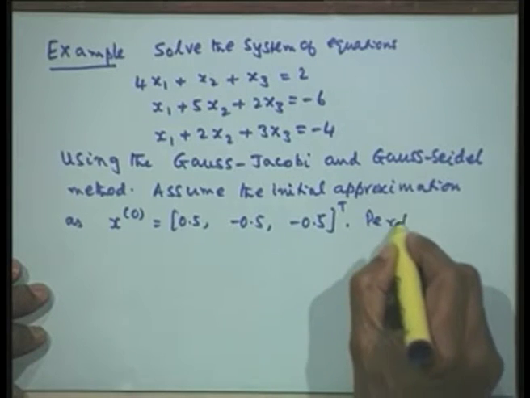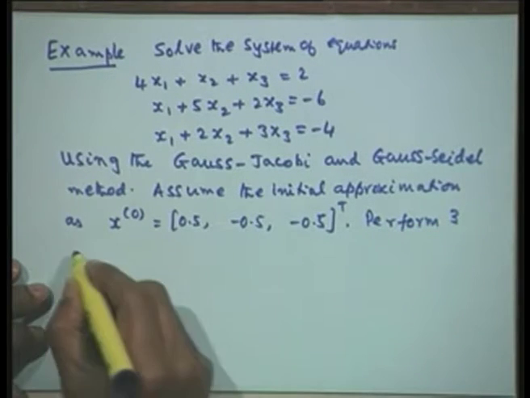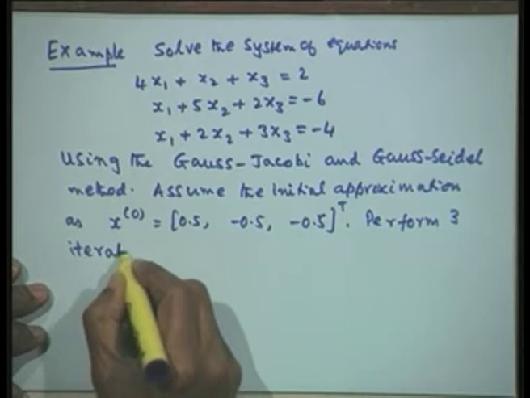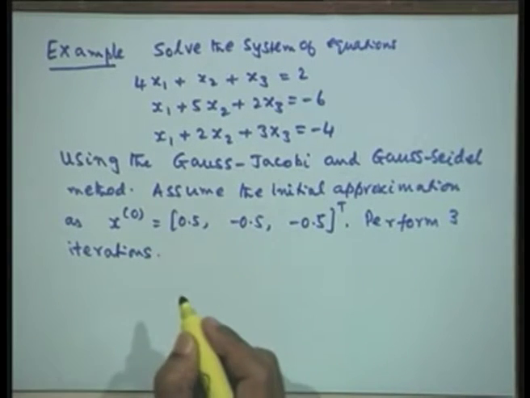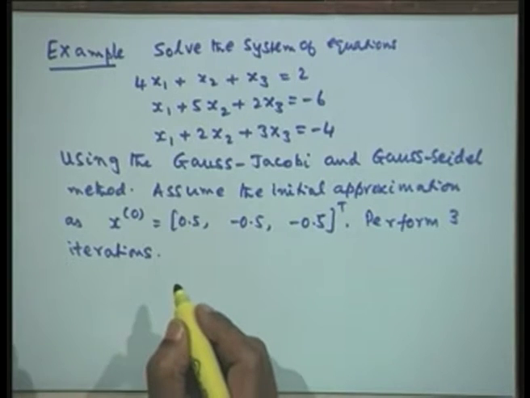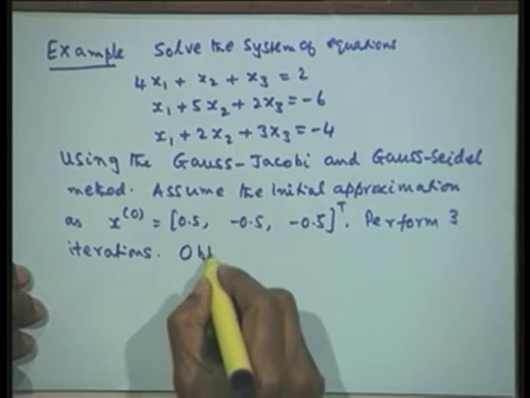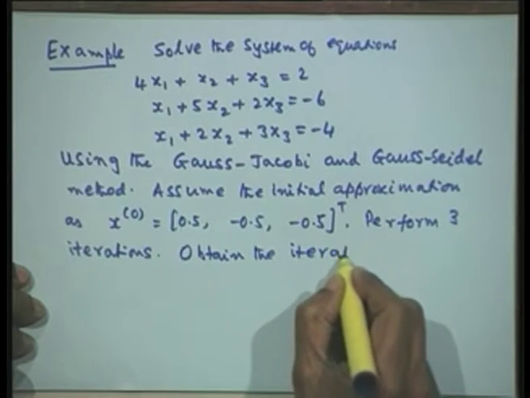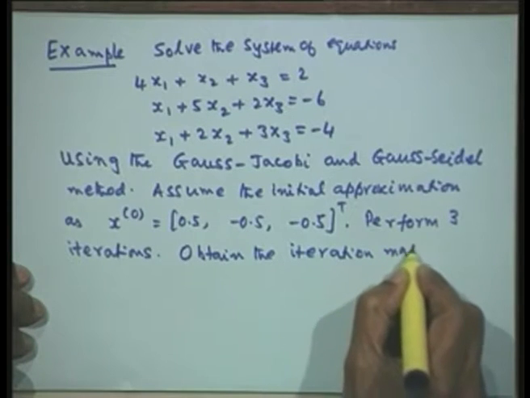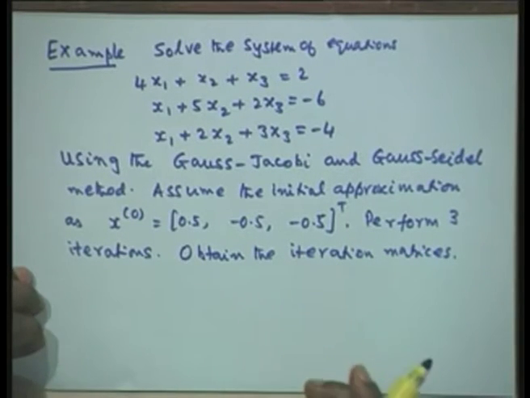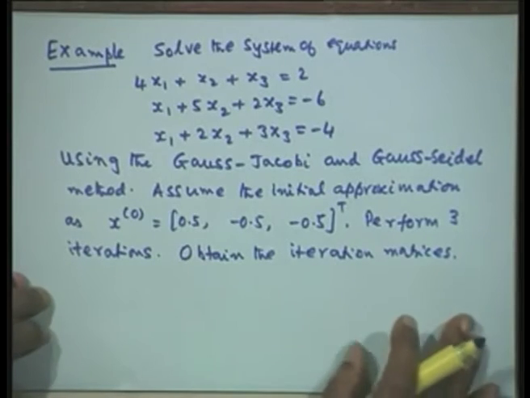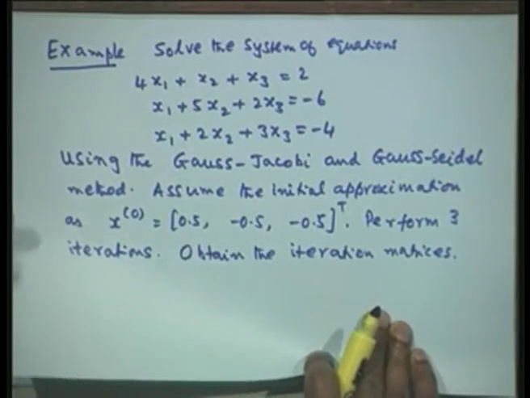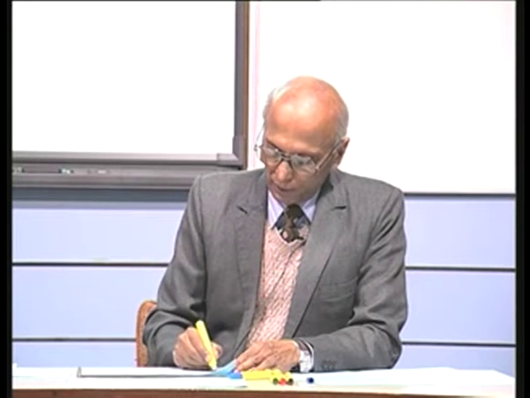Let us for the moment perform 3 iterations, and also let us obtain the iteration matrices. Now, let us write down first the Gauss Jacobi method.